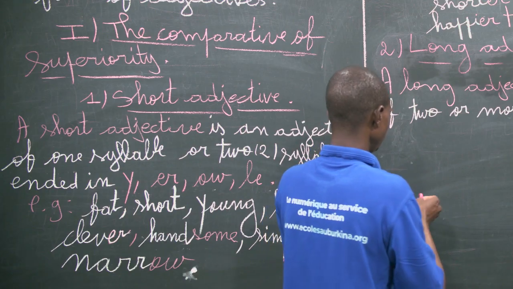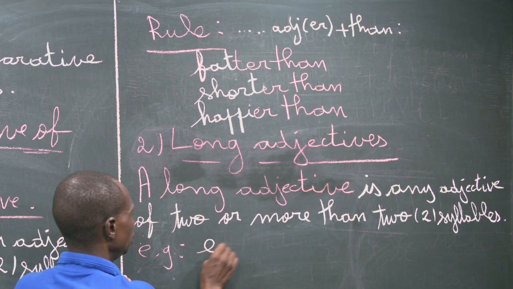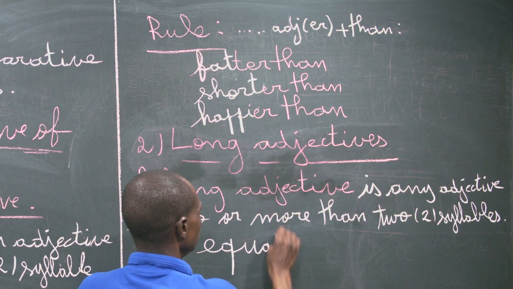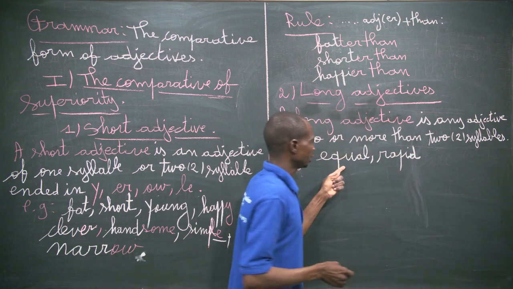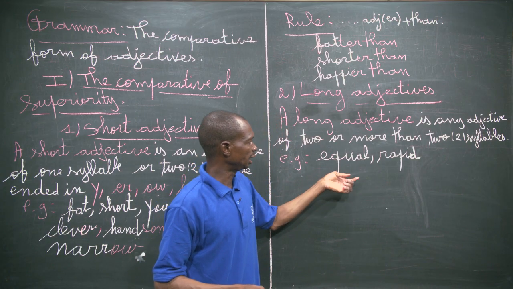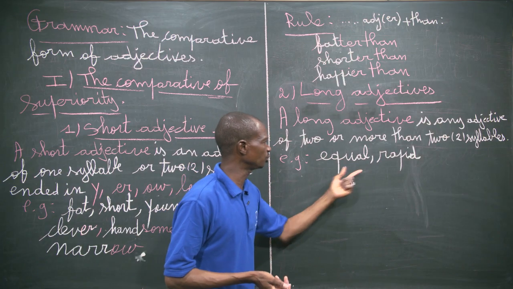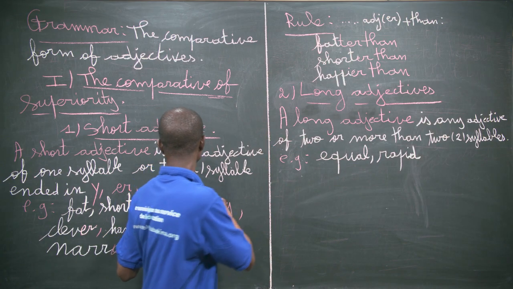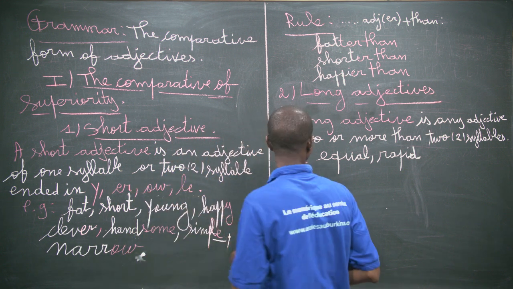As for example, we have equal, we have rapid. Then we can see that this adjective is not a short adjective, it's a long adjective because it is not ended by y, e, r, ow, and le.